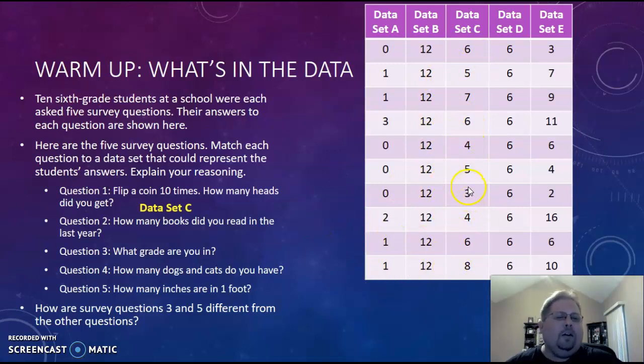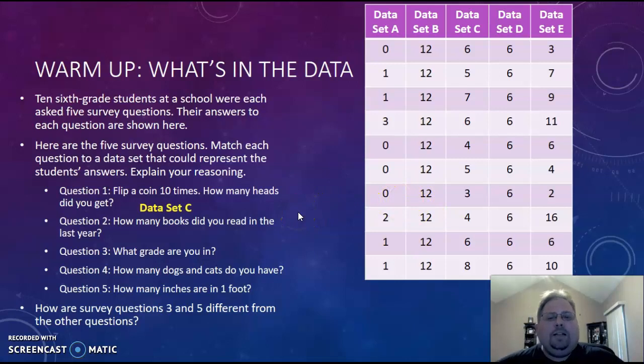You might go over or under that 5 a little bit, but you should get a few heads as you're flipping. Obviously, it wouldn't be E because there's more than 10, and same for B, there's more than 10. A definitely would not work because you have zeros. You should get at least 1 head as you're flipping. And 6 is too uniform. It's very rare that somebody is going to get all 6s.